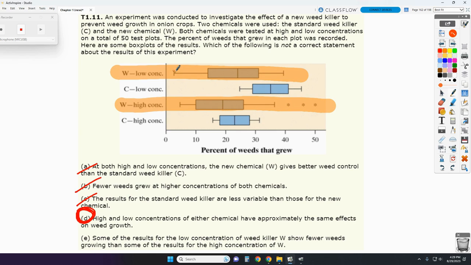And I'd say that's true, right? We can take the minimum versus the maximum. Is it true that this value is smaller, has fewer weeds than this example up here? We'd say, yeah, that's absolutely true. So it can't be E. So it really must be D in the end.